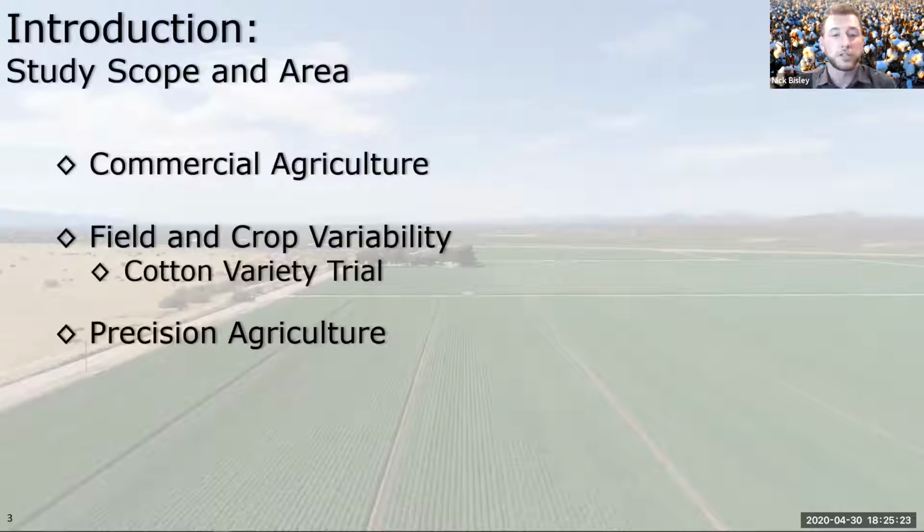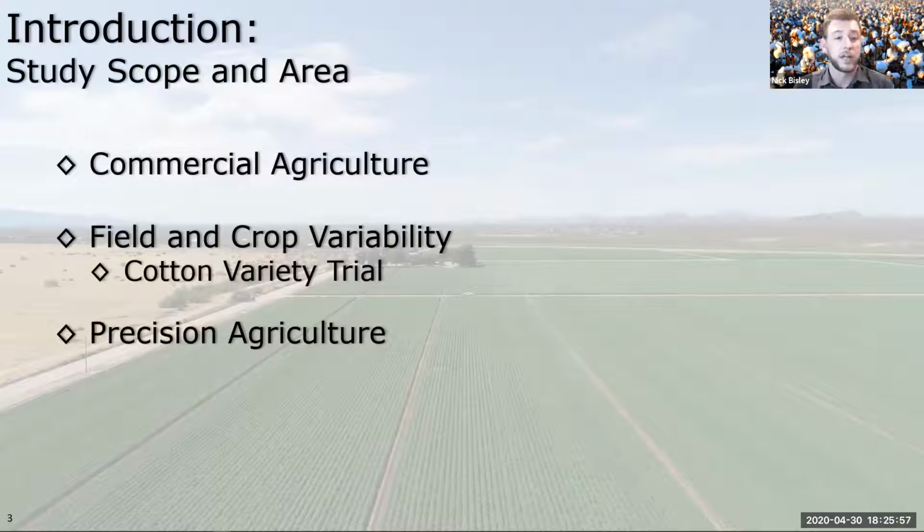Commercial agriculture is something that is necessary to our modern lives. It provides us biological products such as food and also things such as fiber that we make many types of materials out of. And something that farmers have literally had to cope with since biblical times is understanding field and crop variability, understanding where differences happen in the field, different soil conditions, moisture conditions, how crops respond to those variables in the field.